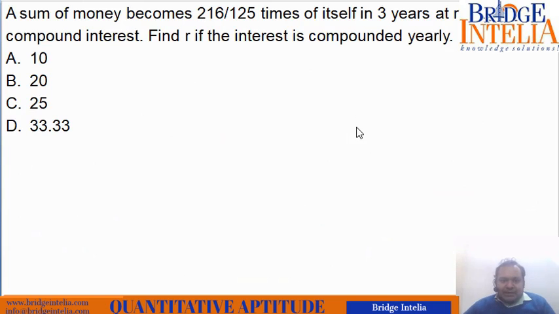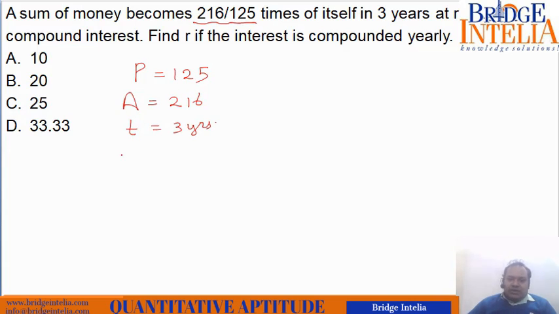Now let's see a similar example. A sum of money becomes 216 by 125 of itself in 3 years at R% compound interest. Similar, you can assume the original amount to be equal to 125, the final amount to be equal to 216, time is equal to 3 years. We don't know what rate percent is.